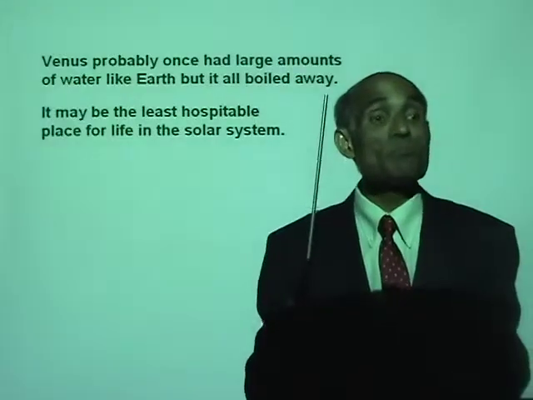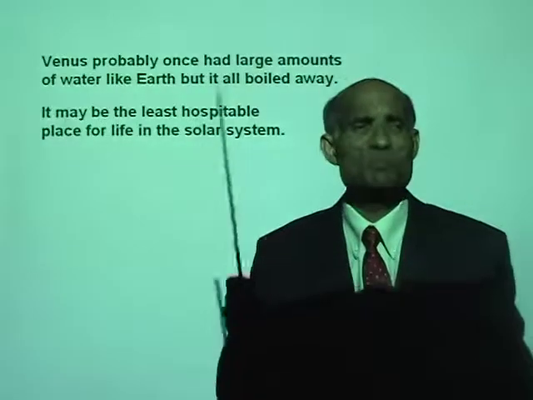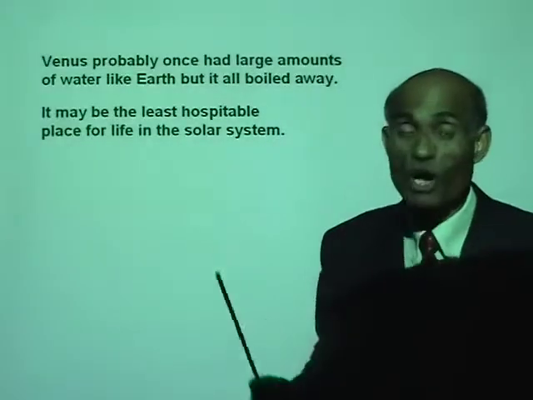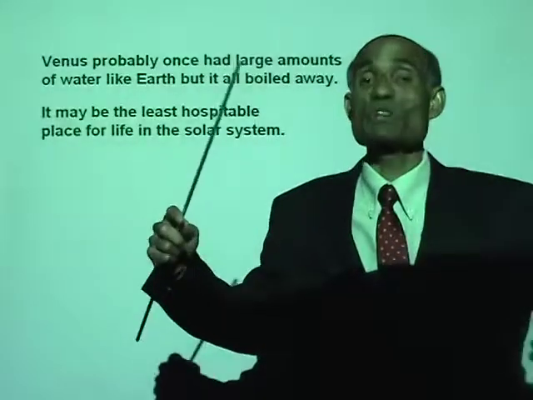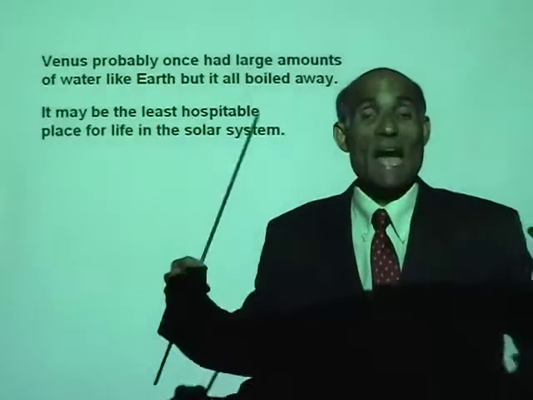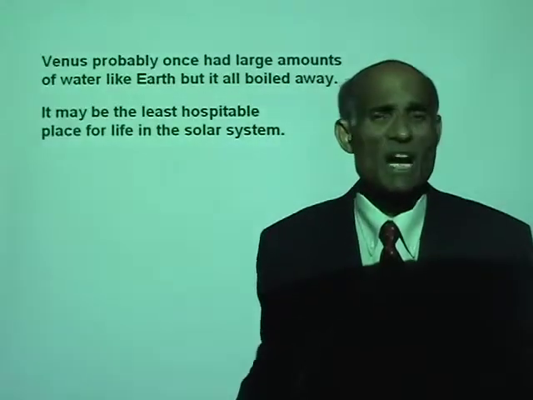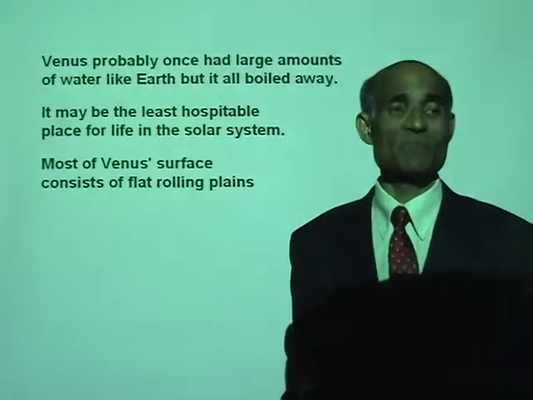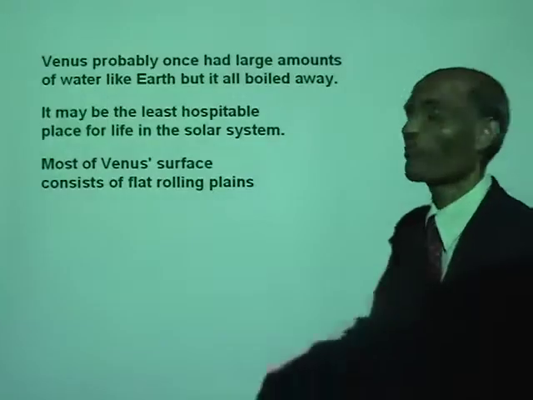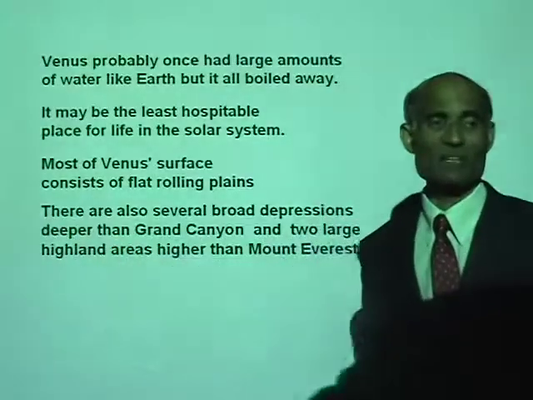And now it may be the least hospitable planet in the solar system in many ways. It's very hot. Its atmospheric pressure is 90 times the pressure on the Earth. The atmosphere is made of carbon dioxide and sulfuric acid, and so on. Most of Venus's surface consists of flat, rolling plains.